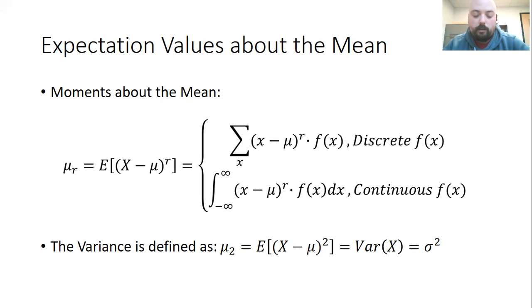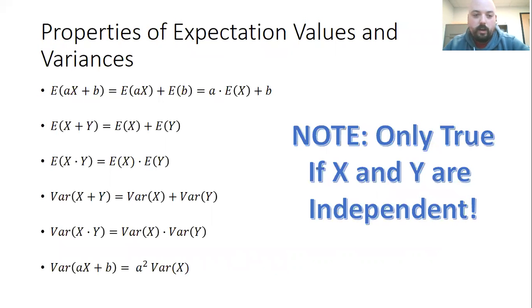All right, another thing to note is that the variance is oftentimes shorthanded as VAR of the independent variable x. So this will be something of note in this next slide, where we look at the properties of the expectation values and variances, which have very similar looks to them in the end.